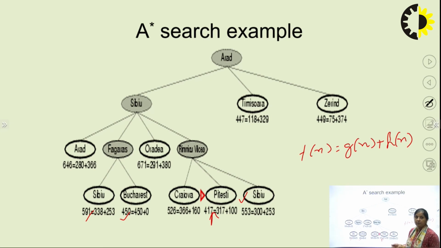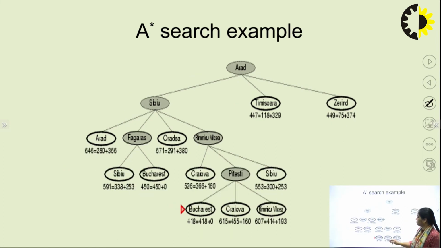Next, which node will be expanded? The neighbors of this particular node will be cross-checked. Now it has been generated. What has been generated? The neighbors of Pitesti, that is Bucharest, Craiova and Rimnicu Vilcea. Now when we see this, what is the minimum among these? That is 418, and it is Bucharest.